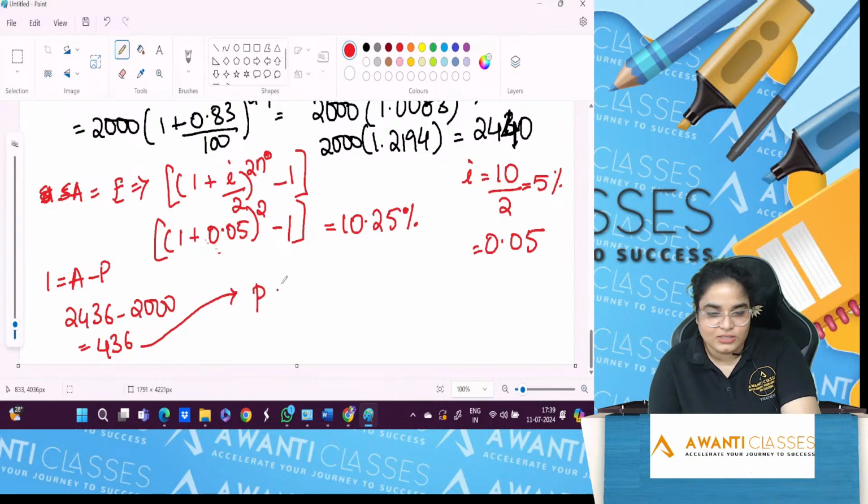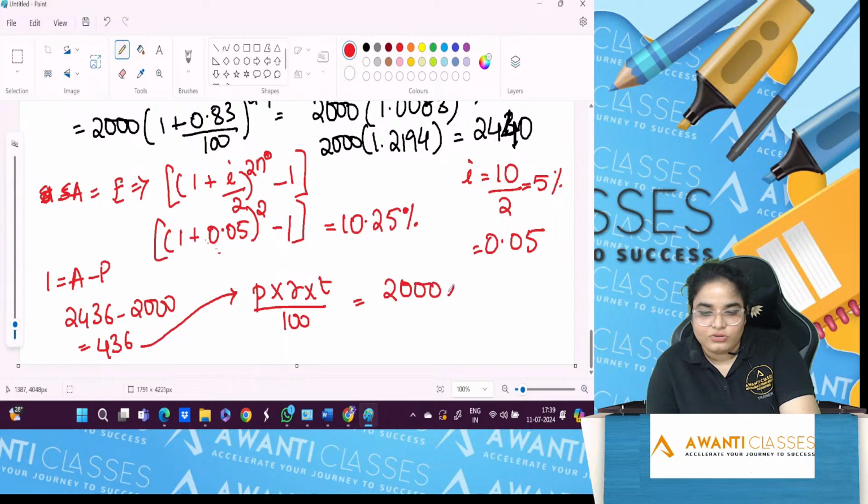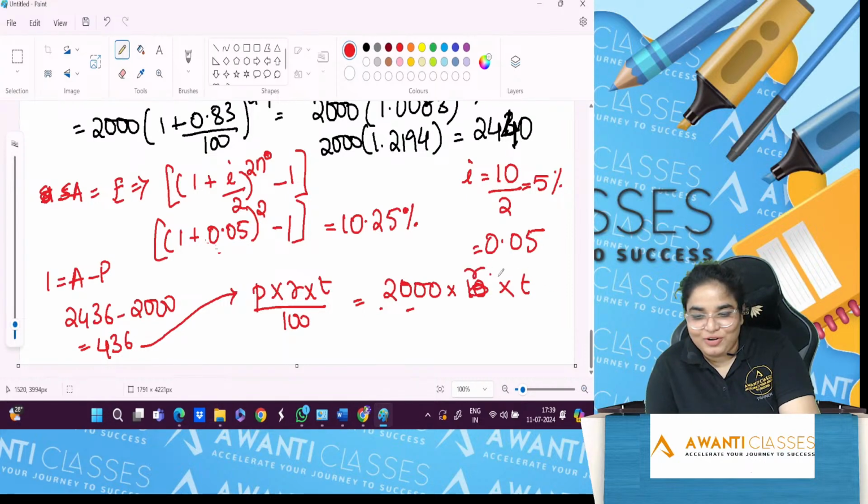Simple interest this is. So P into R into T by 100. Okay. Principal is how much? Principal is 2000. Rate is what we're trying to find out, the effective rate. T is 2 years. Yes. Divided by 100. Cut it off.